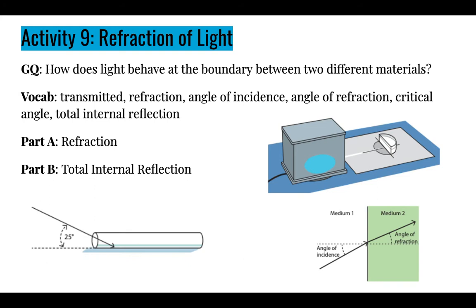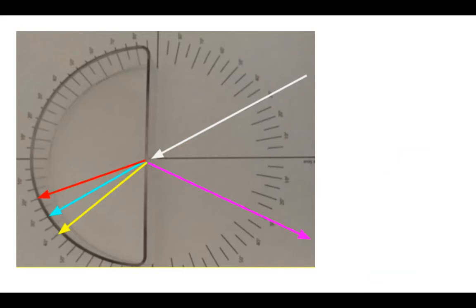So for this first part, we had a plastic plate, and then in an experiment in class, we would have put skim milk in there, where the light would definitely be affected when it went into skim milk because the skim milk is more dense than the air. So this white arrow represented my angle of incidence.